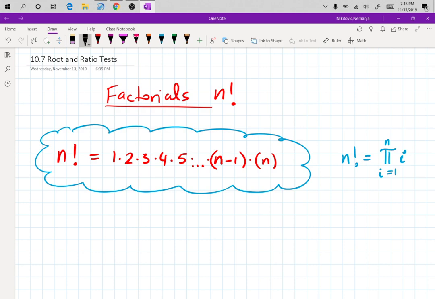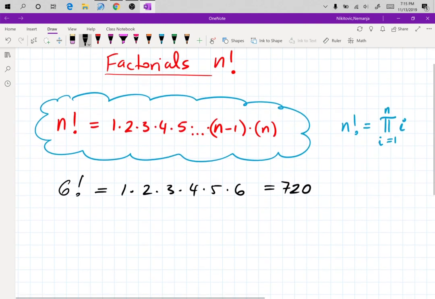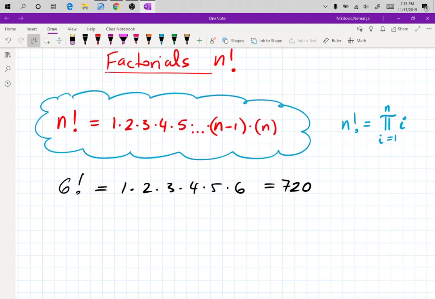Okay, so what is 6 factorial? It's 1 times 2 times 3 times 4 times 5 times 6 equals 720. Do you notice that this over here is a 5 factorial?